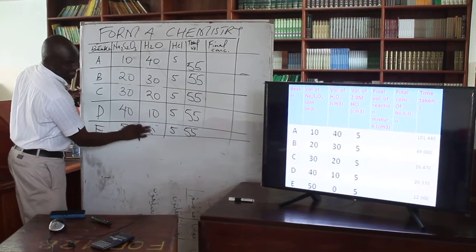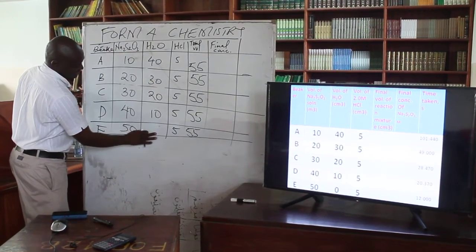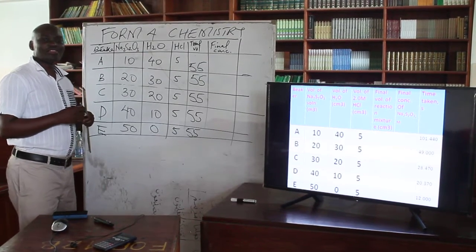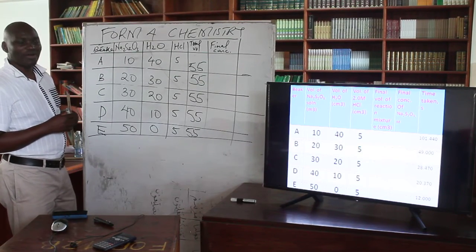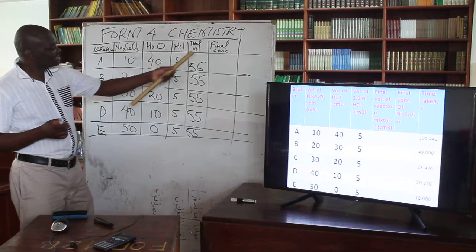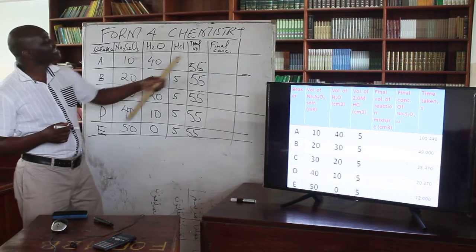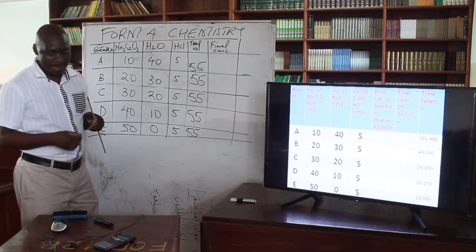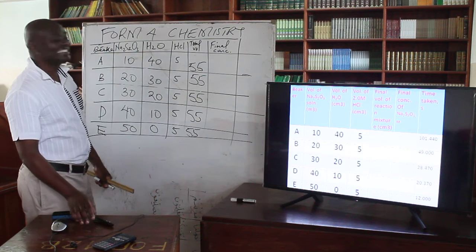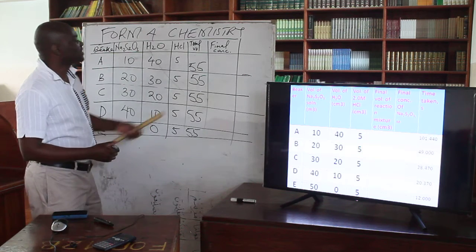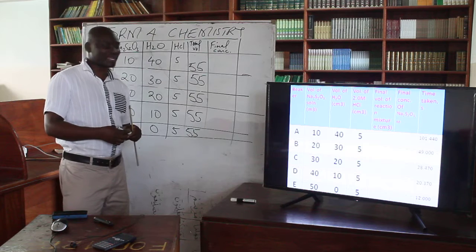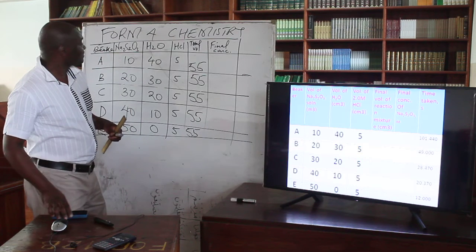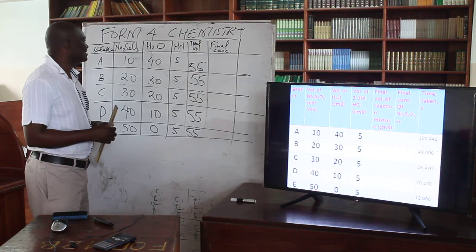So all the volumes that we have are constant. Then here we are supposed to get the final concentration in moles per liter, molarity. So what are we going to do? That is the next task.